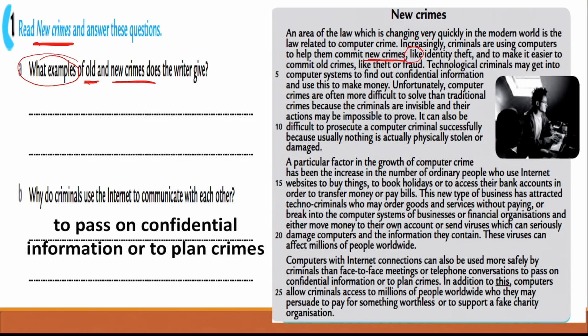This is example. So I have identity theft. And to make it easier to commit all crime. Yes, so I have now new crimes and old crimes, right? Like what? And the word like means, for example, we have theft and fraud. So here we have the two types explained through example.